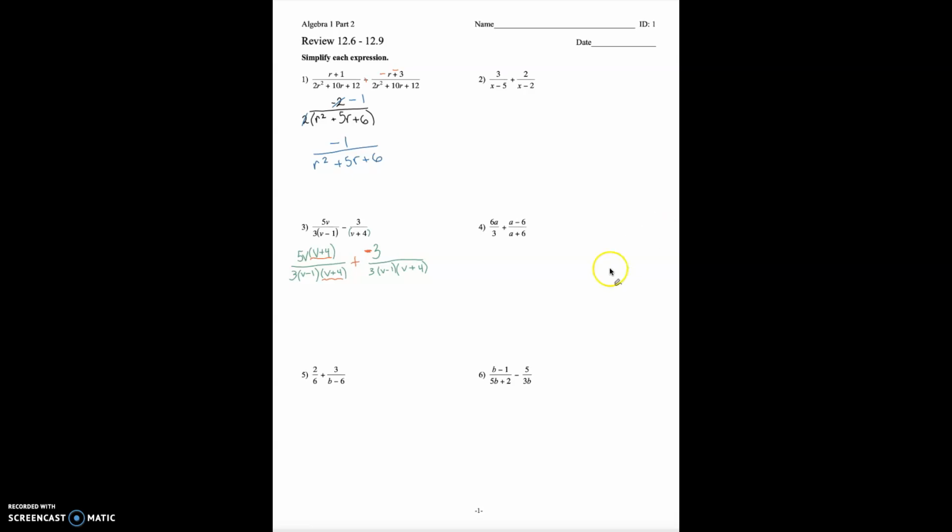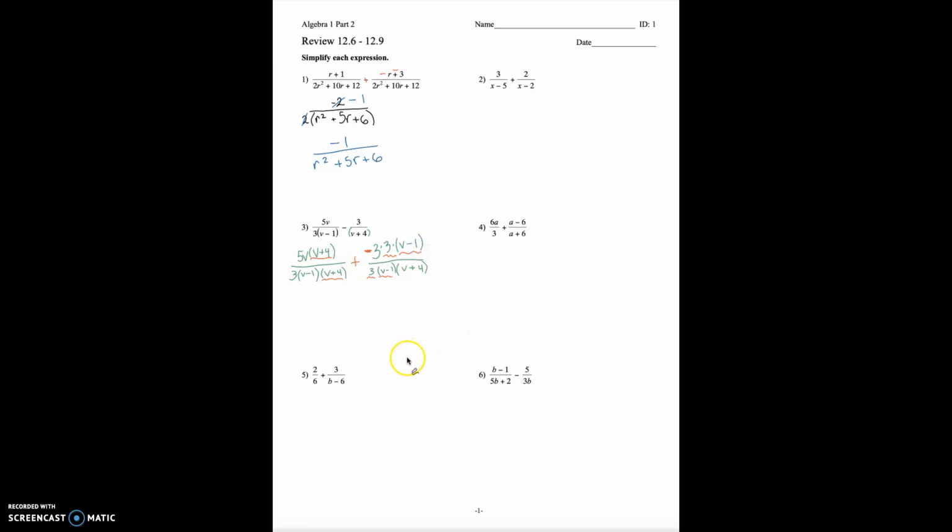What factors did we multiply the denominator by for our second fraction? Well, we multiplied this by a 3 and a v minus 1. So I need to multiply the numerator by a 3 and a v minus 1 as well. So times 3, and then times v minus 1.